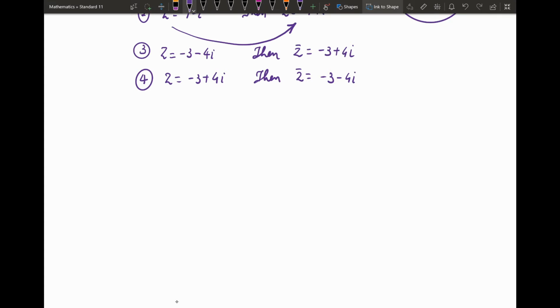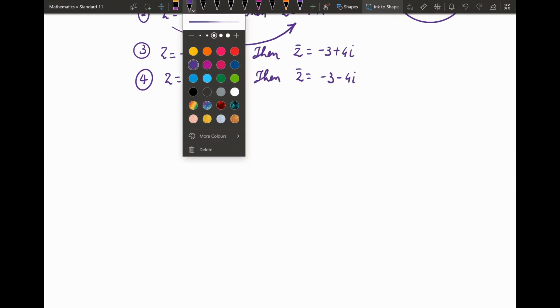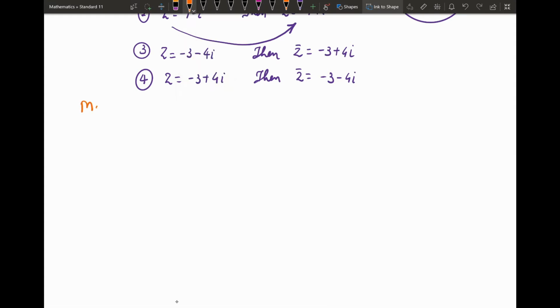For a complex number z, we discuss modulus and argument. What is modulus and what is argument?